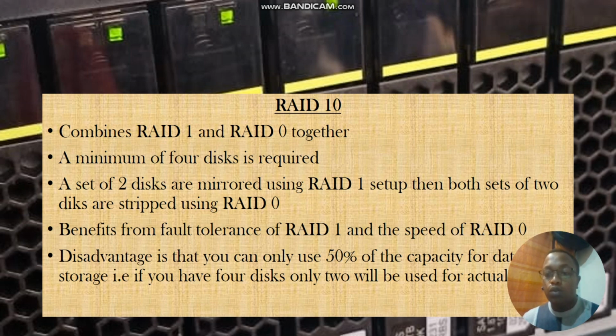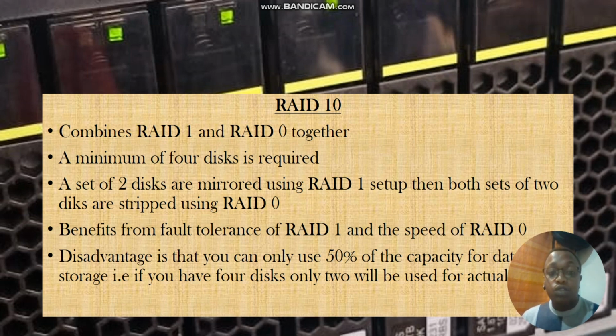So you're going to store disk 1, disk 2, and then disk 3, disk 4. And remember that disk 3 and disk 4 have duplicate data of disk 1 and disk 2. So RAID 10 combines RAID 1 and RAID 0. Forgive me for that error.